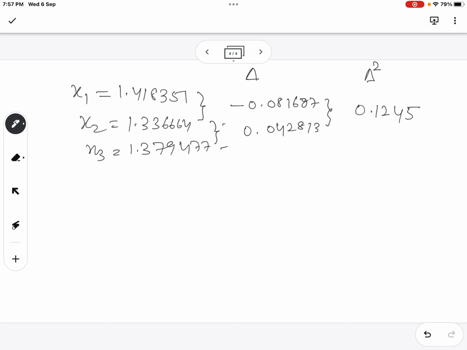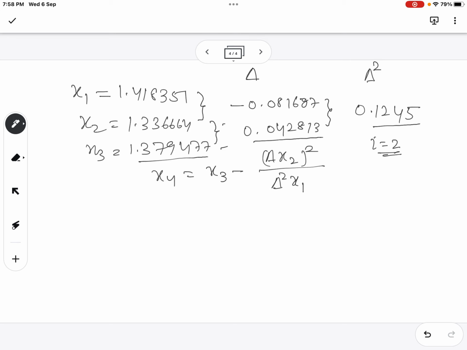So using that formula, x4 will be x3 minus (delta x2) whole square by delta square x1. This is what Aitken's formula is. Here I have taken i is equal to 2. So now x3 is this one, delta x2 is this one, and delta square x1 is this one.